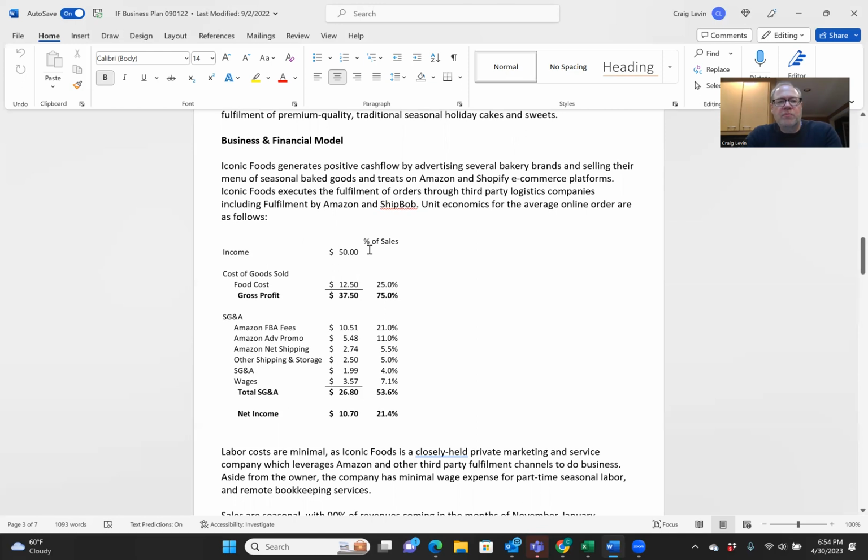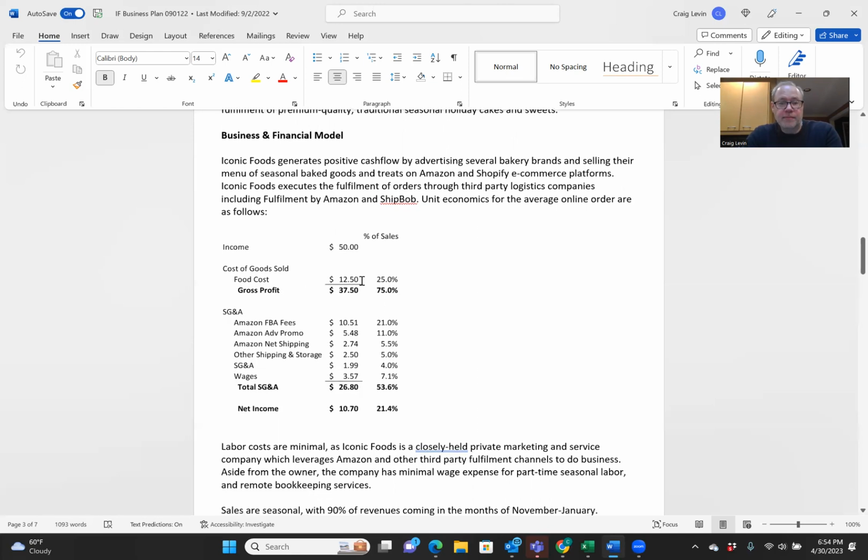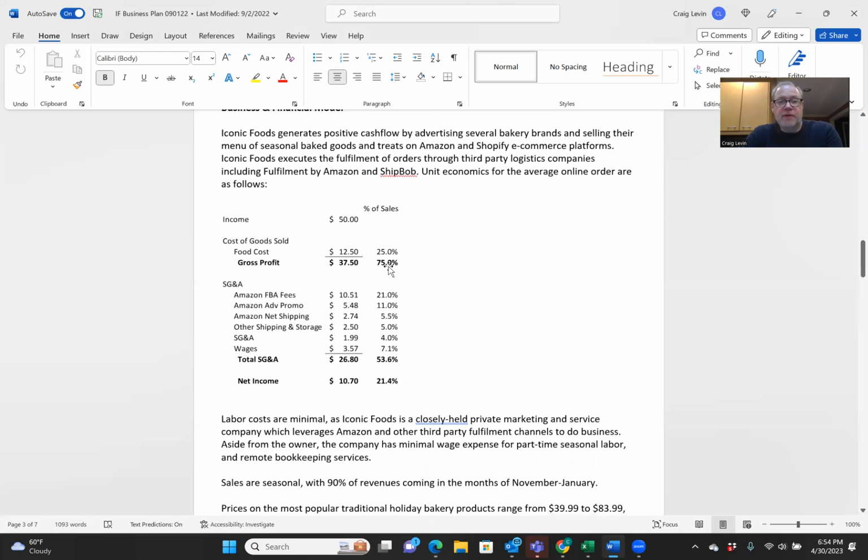So the most popular fruitcake that she sold was $50. And look at how small that food cost is, 25%. Okay, so there's a very significant gross profit here.